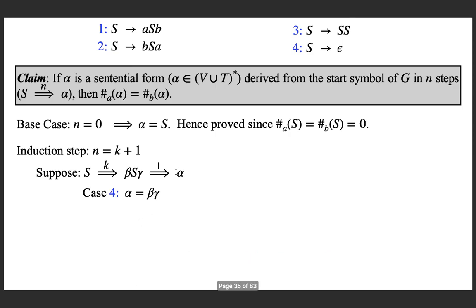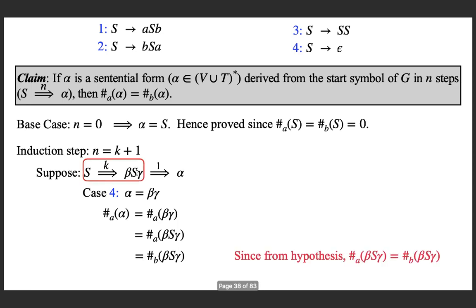Now, the last case where you are replacing capital S with epsilon, so you are getting this, S is replaced with epsilon. And what about the number of A's in alpha, which is the number of A's in this string, which is the same as the number of A's in this string, because even if you throw out S, you are not taking out any A's. So, same as this.